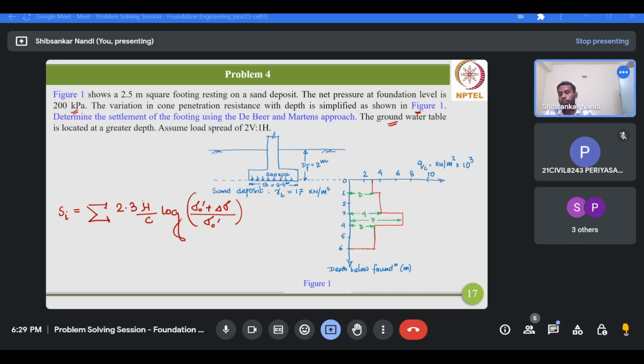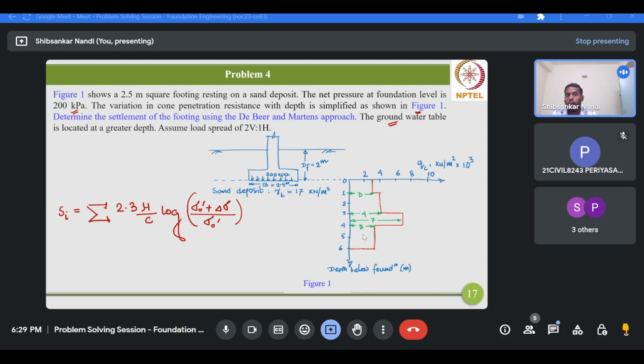So whenever you encounter this type of problem, you have to calculate the settlement individually for each layer. You cannot perform the settlement calculation as a whole for all these layers. You have to consider all the layers individually, and then sum up the settlement calculated for each individual layer.